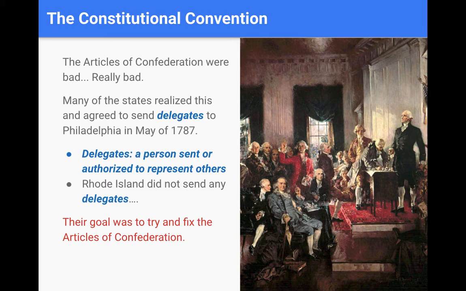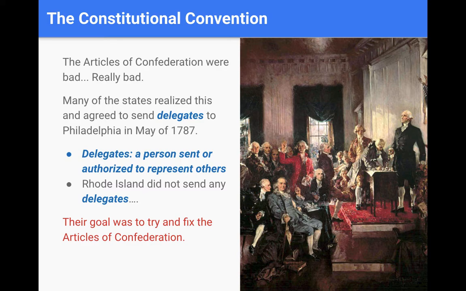Okay? So last time in our virtual notes, we looked at the Articles of Confederation and we realized they were terrible. I mean, not everything was bad. There were some good ideas, but when you looked at the practicality and the shortcomings of the Articles, there were so many of them that it was time to start considering changing this and making some improvements. A lot of the states start to send delegates to Philadelphia in May of 1787.